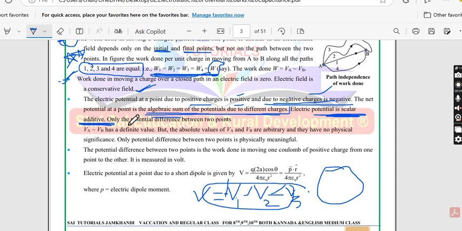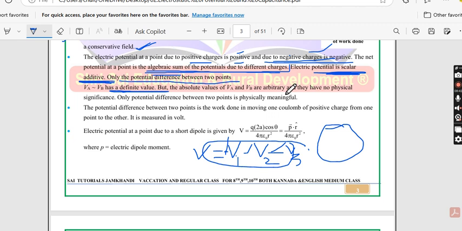Only the potential difference between the 2 points, that is VA minus VB, has a definite value. But absolute values of VA and VB are arbitrary and they have no physical significance.